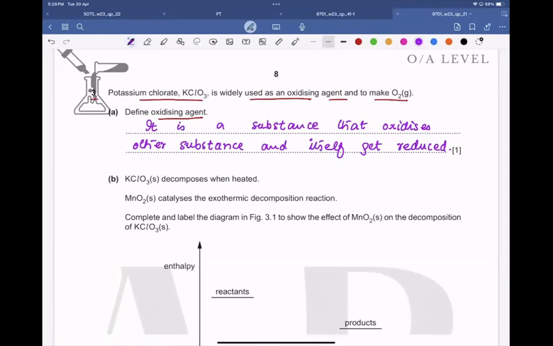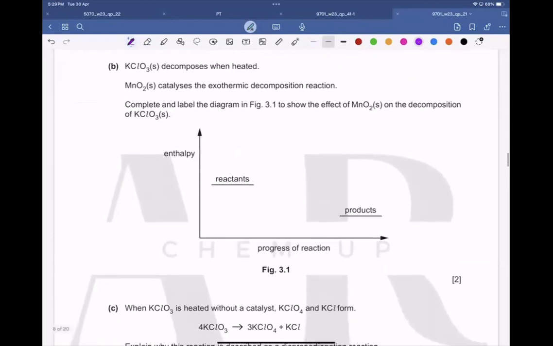Yes, very good, Umar, but it's reduced itself. Okay.